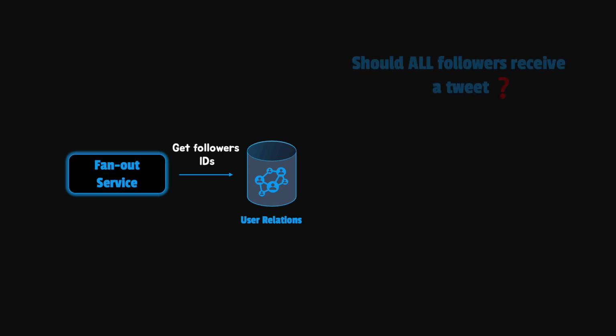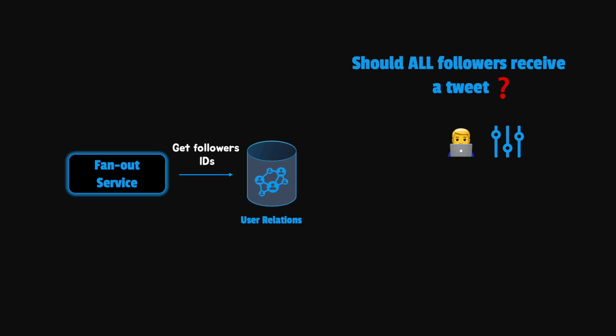Then, we might ask, should all the followers receive a certain notification? Each user might have certain preferences from whom he wants to receive tweets. Even though a user follows someone, it doesn't mean he actually wants to receive constant feeds from them. Or, on the other hand, a user might want to share a tweet only with specific people.